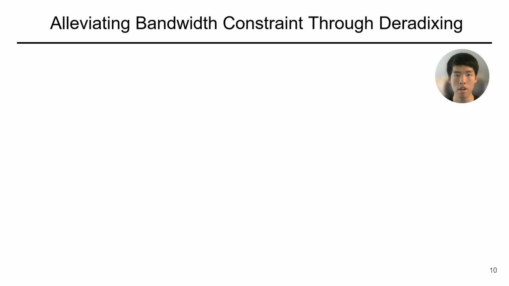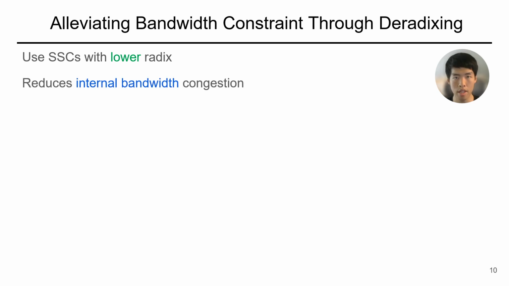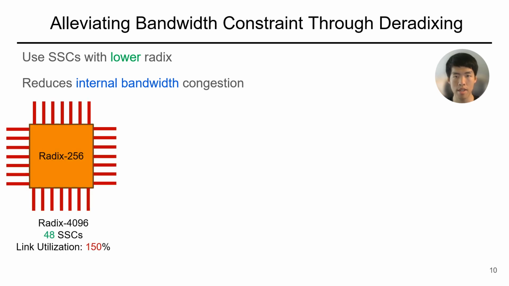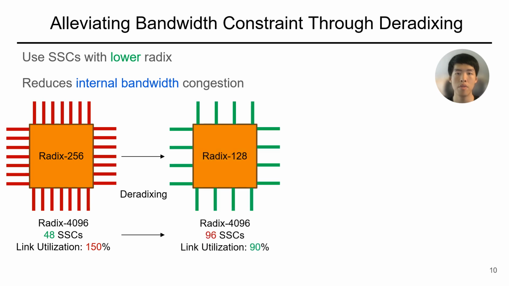To address the internal bandwidth problem, we propose the use of deradixing. Using lower radix SSEs that have the same die size, we could alleviate internal bandwidth congestion. As we reduce the SSE radix from 256 to 128, we use twice the number of SSEs to achieve the same system-wide radix of 4096.